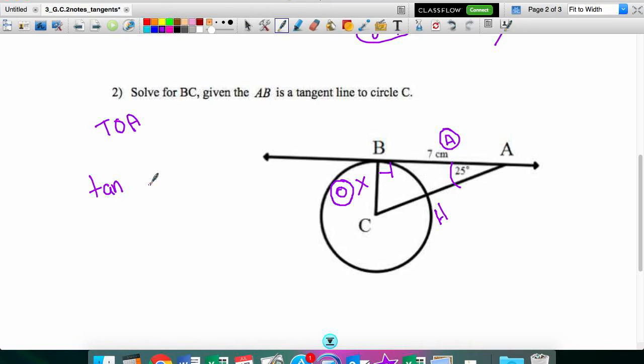We have our angle, 25, and it will be equal to the second over the third letter. So the opposite, O, x, over the A, the third letter, 7. Once we have our equation set up, we're going to use one of the three methods for solving an equation.